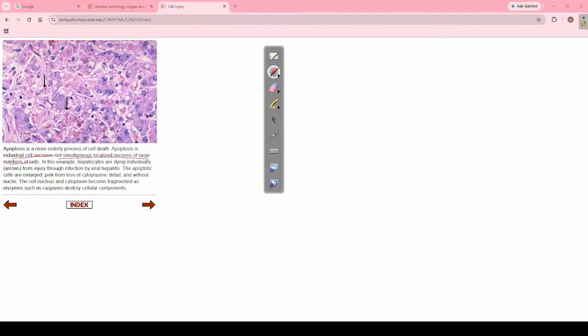It's a very small number of cells undergoing necrosis. They are in the liver, mostly because of infection by viral hepatitis, and they are large and pink, and there is loss of cytoplasmic detail. There is no detail cytoplasmically; they're all just blobs.